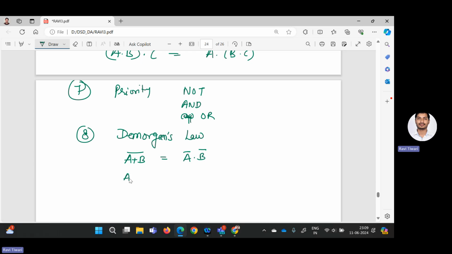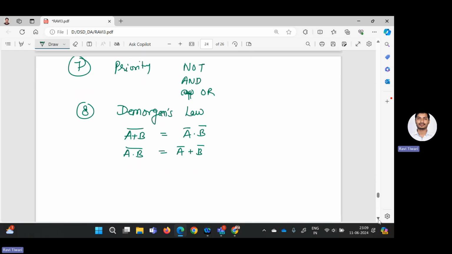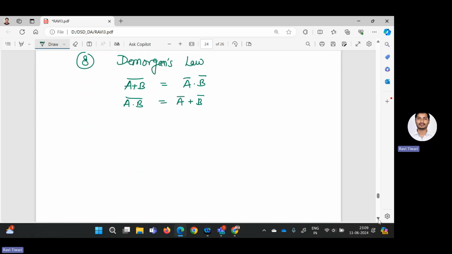Similarly, if it is A dot B whole bar, then you can write A bar plus B bar. Let's see some questions on how we can apply this. So these are the 8 rules, and we should remember these rules for simplifying expressions by using the theorems. Let's see some numerical equations, and we will try to minimize these equations. Let's see the first question.